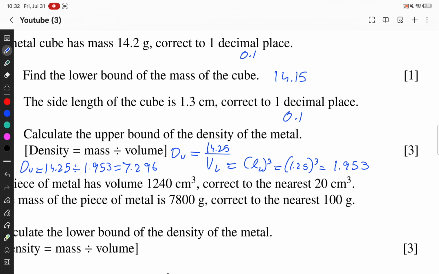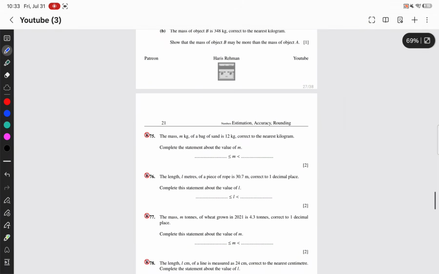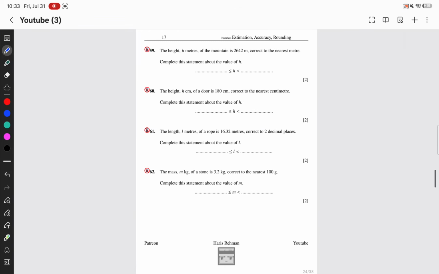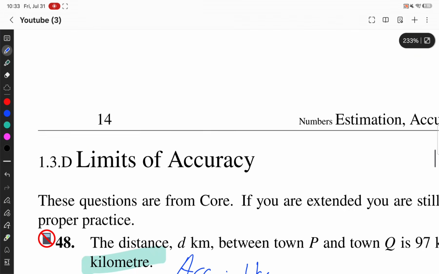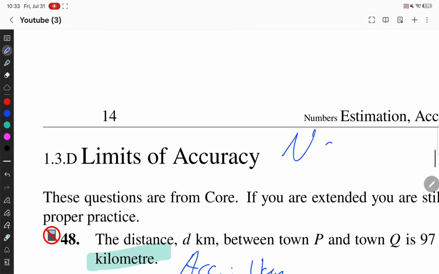Whenever you are doing estimation, accuracy and rounding, in limits of accuracy, yes, this chapter, you do not have to round. Remember, no rounding.